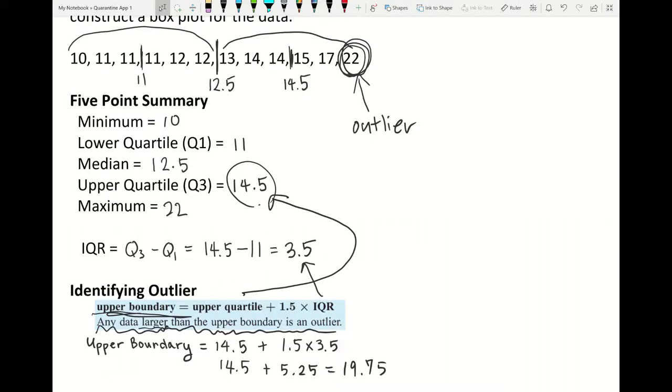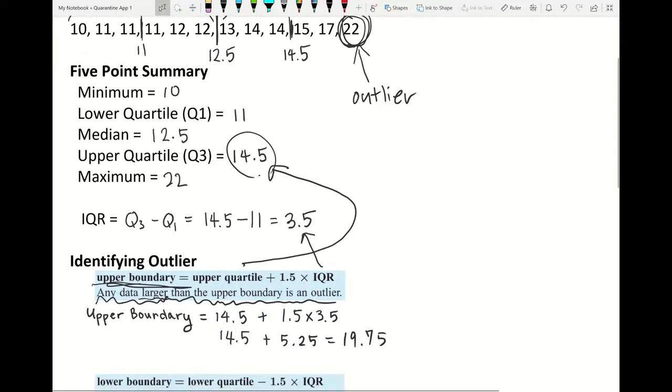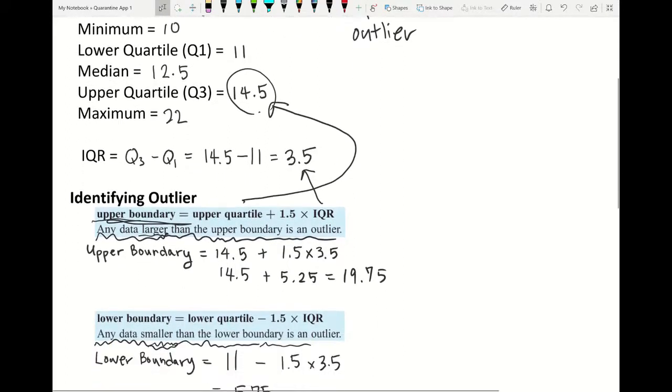That means there is no outlier on the left side, smaller side. So that happens. And sometimes there are no outliers. Or sometimes you have one end outlier, or maybe both ends. But in this case we've identified 22 as an outlier.